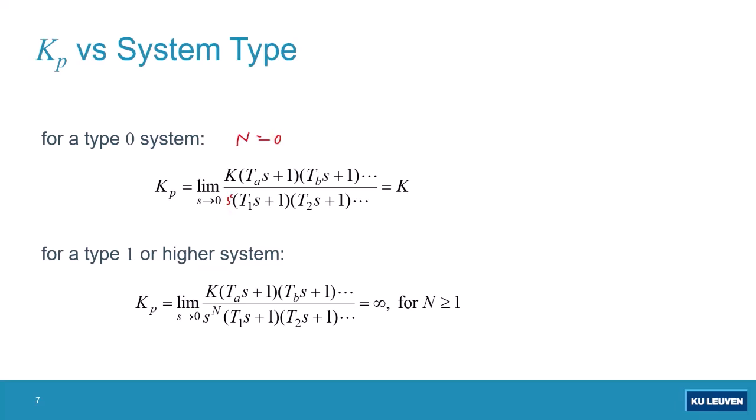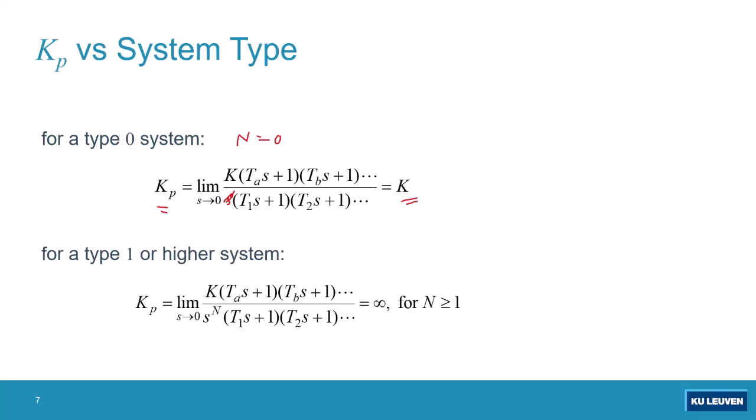We don't have a pole that is equal to 0. If we have a type 0 system, where the type number n is equal to 0, then the static position error constant Kp, using the previous formula, limit s to 0 of G(s), if you substitute 0 for all of the s's here, will simply be equal to the gain of the open loop transfer function.